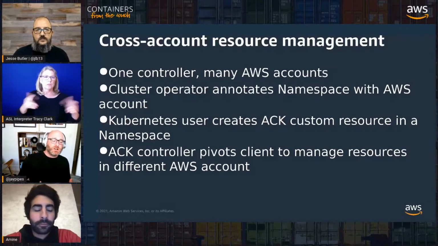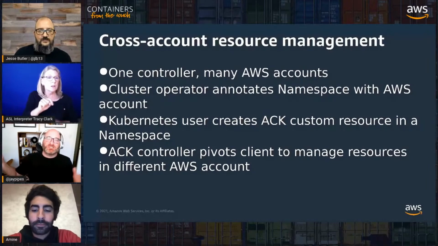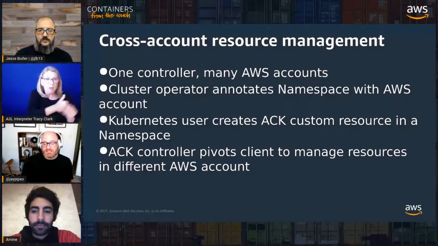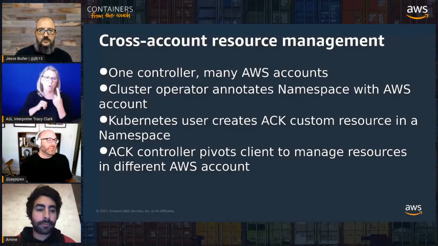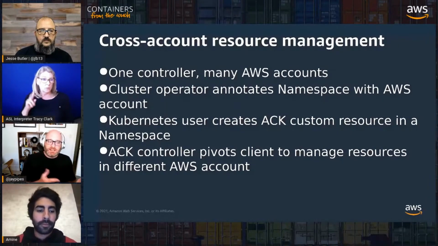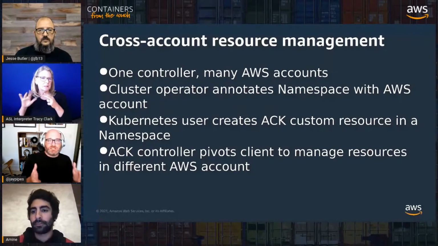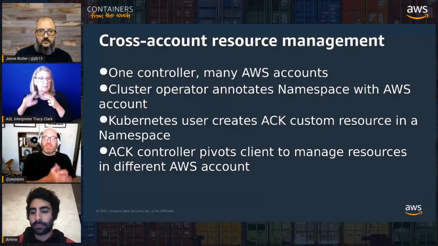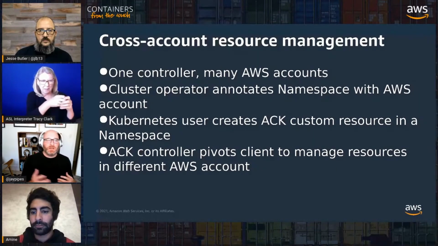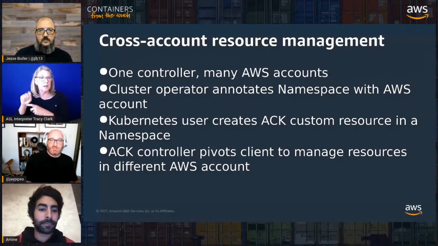You don't need to install one ACK service controller for S3 in 100 different clusters or locations. Instead, you just have the one ACK service controller, and then you annotate a namespace in Kubernetes. A cluster admin would annotate a namespace with the AWS account ID that all custom resources of a particular kind within that namespace should be managed in. So in that way, it cuts down on the number of controllers that you need to install in your target clusters.